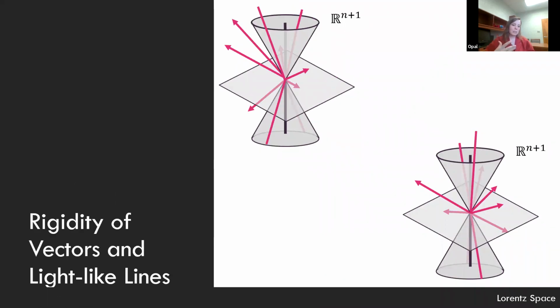Because now we can create a rigidity statement involving space-like and time-like vectors and light-like lines that says the following. I just need my two collections to have a basis of either all space-like unit vectors or all time-like unit vectors. And I need to know that that basis of vectors has correspondingly equal Lorentz inner products.